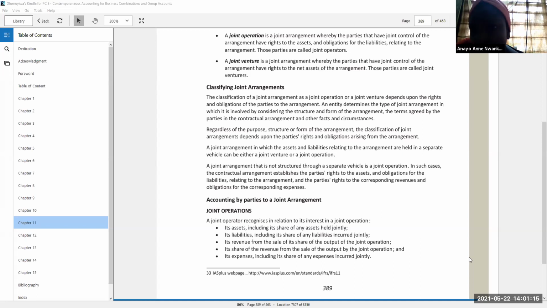Third, its revenue from the sale of its share of the output of the joint operation. Fourth, its share of the revenue from the sale of the output by the joint operation. And lastly, its expenses, including its share of any expenses incurred jointly.